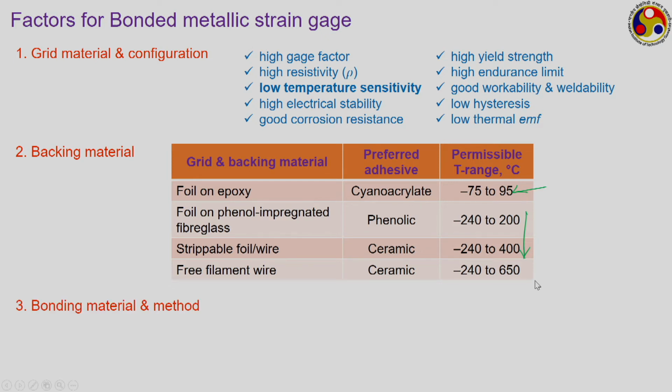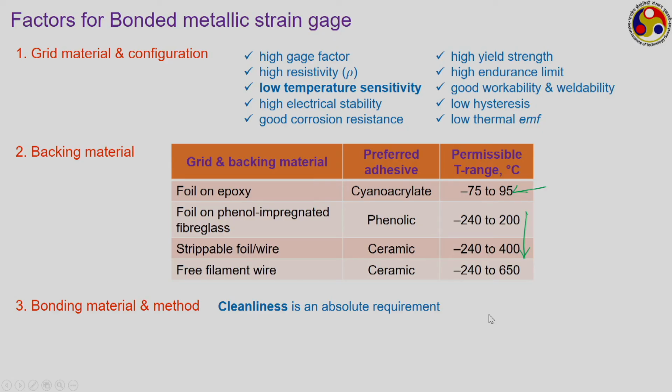Bonding materials and methods. Now, bonding materials definitely matter, meaning how you are connecting the grid material to the backing. There are several kinds of common bonding materials available, and generally all of them provide similar performance. However, one parameter that is of utmost importance is the cleanliness of the measuring site.